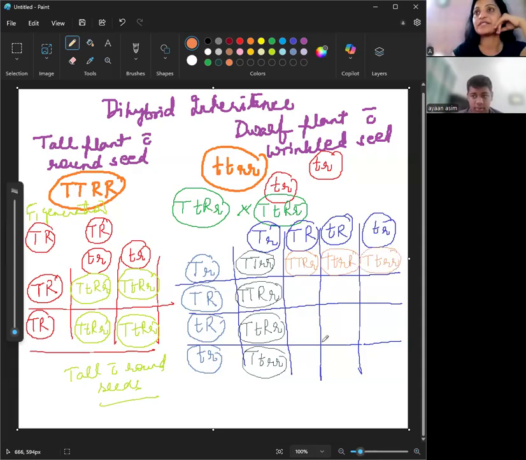Next is capital T, capital R, capital T, capital R. Here it will be capital T, capital R, capital T, small t, capital R, small r.